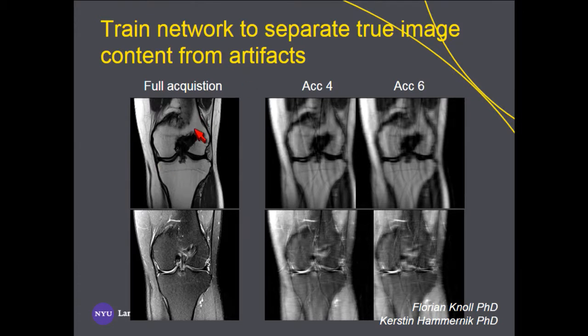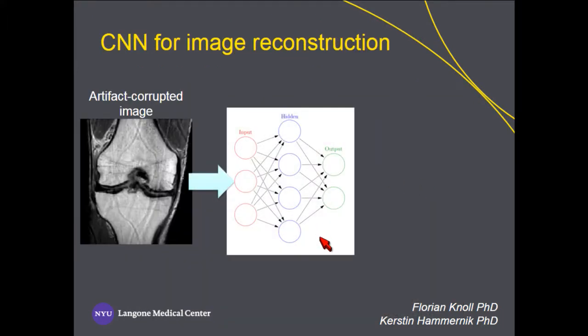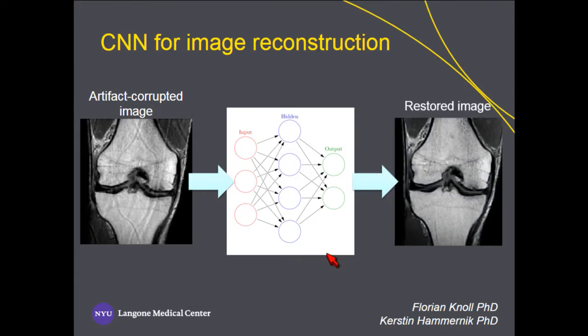So if this is the full acquisition, we all want to go faster now. Everyone needs to go faster, do more work, right? So we all know that parallel imaging is great, but multiband is great, but at some level, once you accelerate too much, you get these artifacts. And so can we use a neural network to restore the true image and take away the artifacts? So in fact, you can.